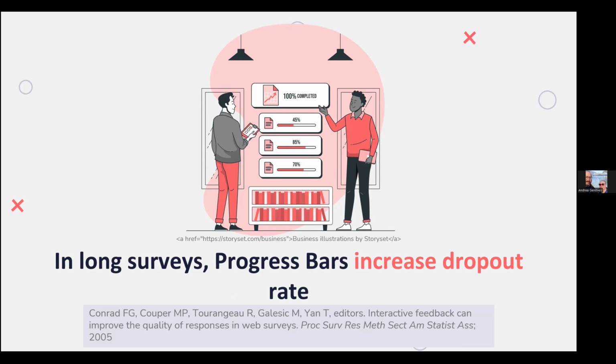So we engineered a way that it only became apparent once people were about 50% done with the assessment, so they could see, okay, I am getting done, but they weren't overwhelmed at the beginning by seeing this long progress bar. So there are ways you can work around it, and that's how we did.